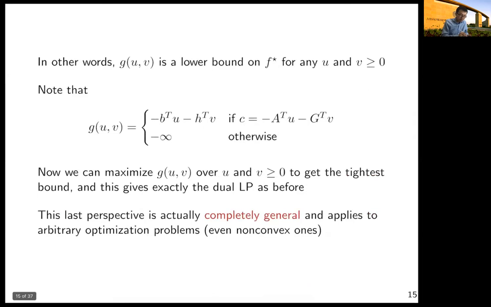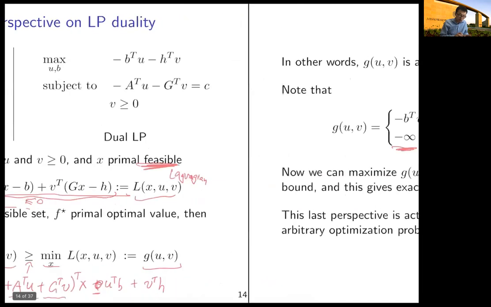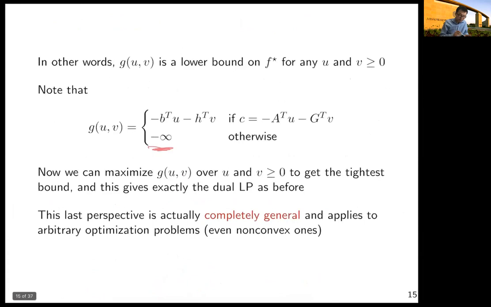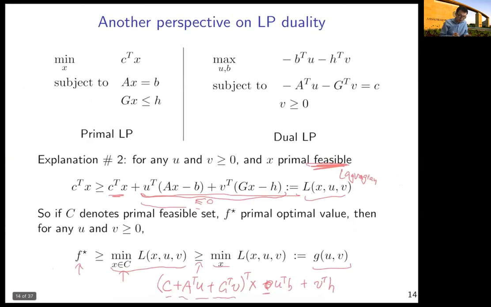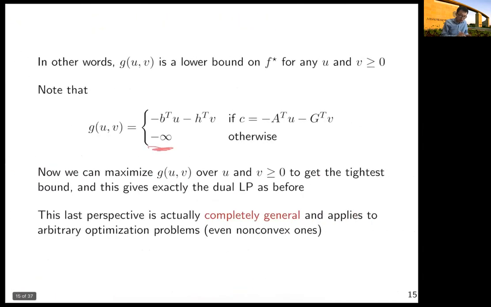So GUV is negative infinity if the choice of u and v doesn't satisfy the condition that this coefficient is equal to 0. If this condition is equal to 0, then the problem becomes independent of x, and everything that's left is our evaluation of GUV parameterized by u and v.